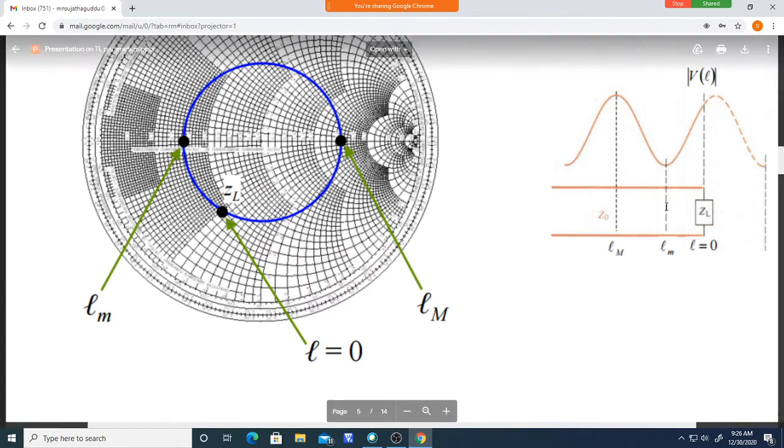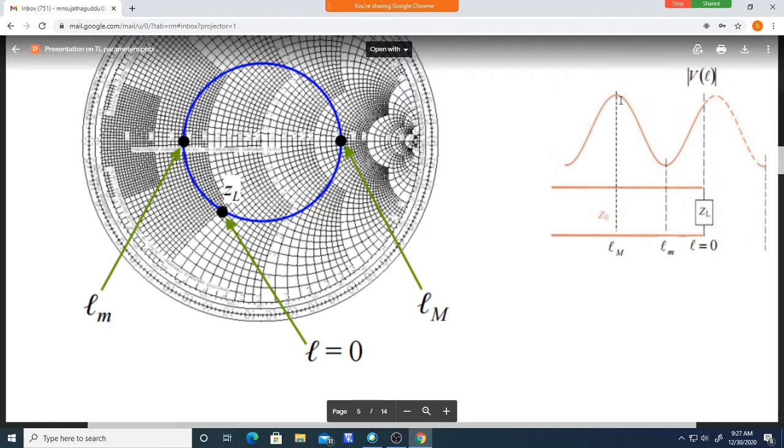Just to remember, minimum impedance occurs at the minima position, and it is equal to R naught by S. At the minima position, impedance is minimum and it is a real value.